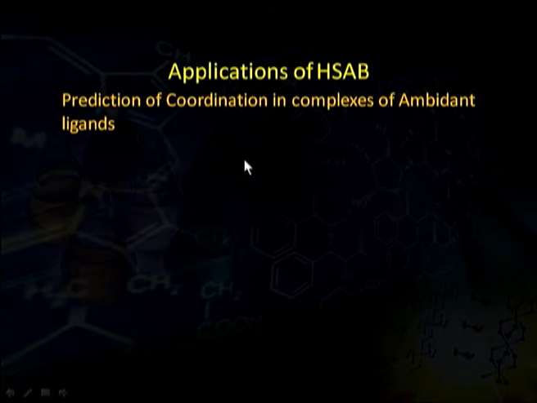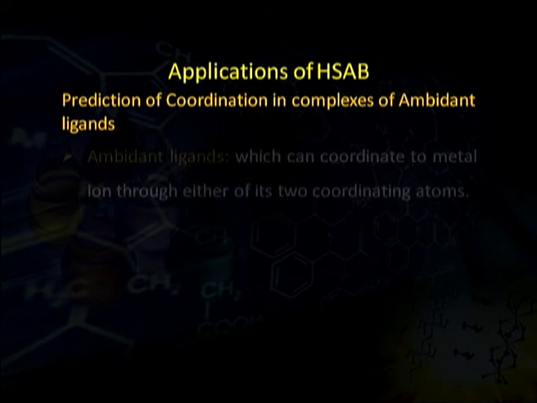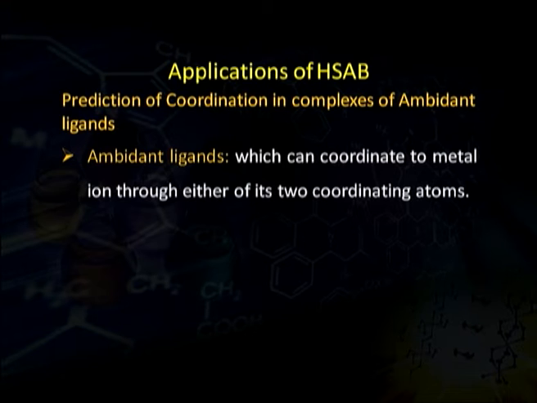The second application is the prediction of coordination in complexes of ambident ligands. Before going on to the prediction, let us see what ambident ligands are. Ambident ligands are ligands which can coordinate to a metal ion through either of their coordinating atoms. As for example, we have cyanide ion.